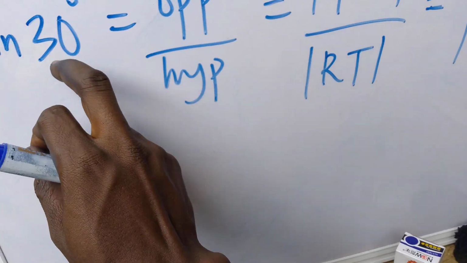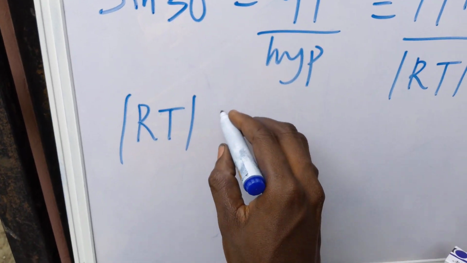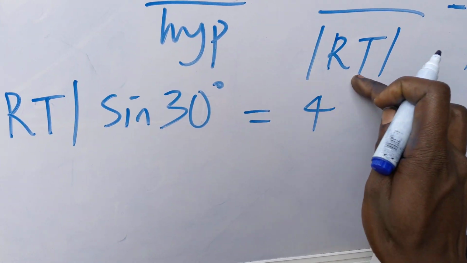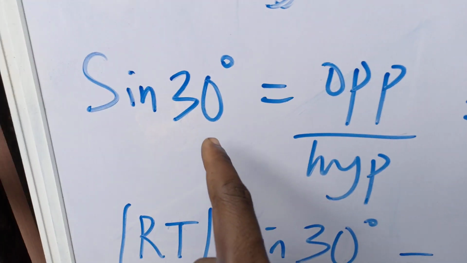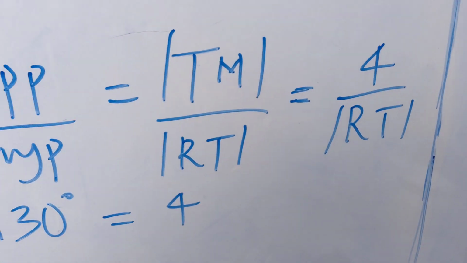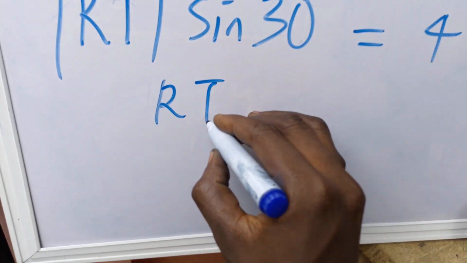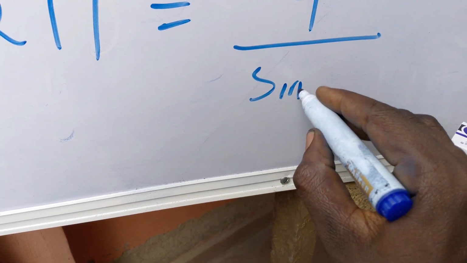If I cross multiply, I'll have RT sine 30 degrees equals 4. So distance RT will be equal to 4 divided by sine 30.